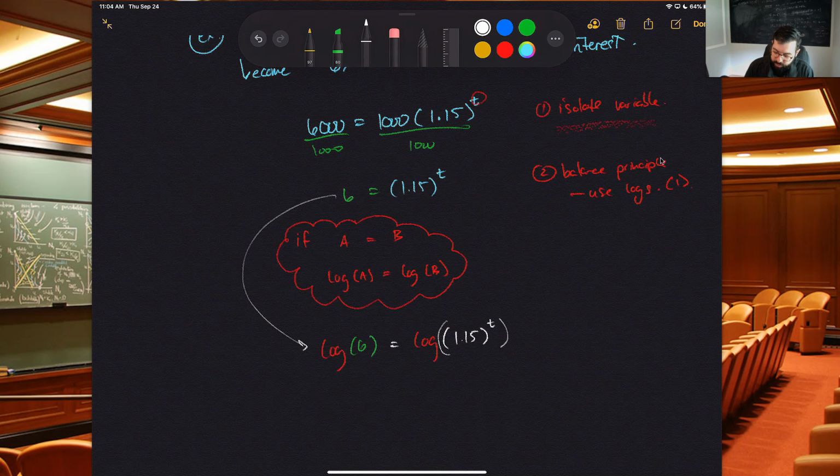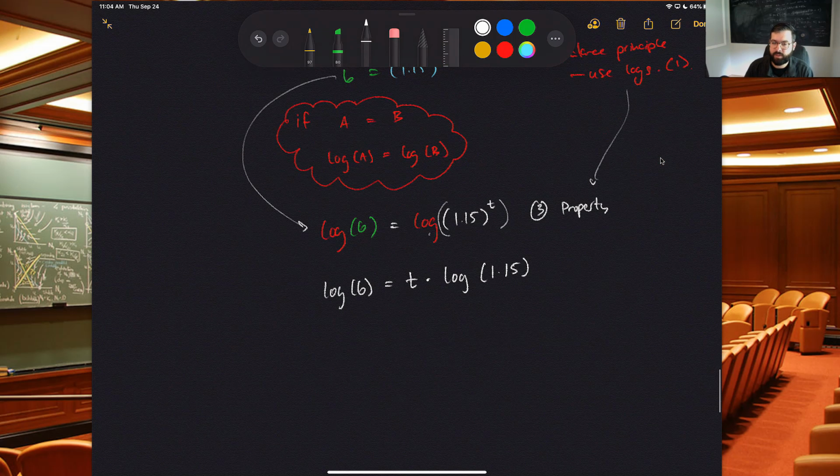And then over here I'm going to use that property of logs to rewrite this right-hand side. So on the left I've got log of 6. On the right I've got log of 1.15 to the t is equal to t times log of 1.15.